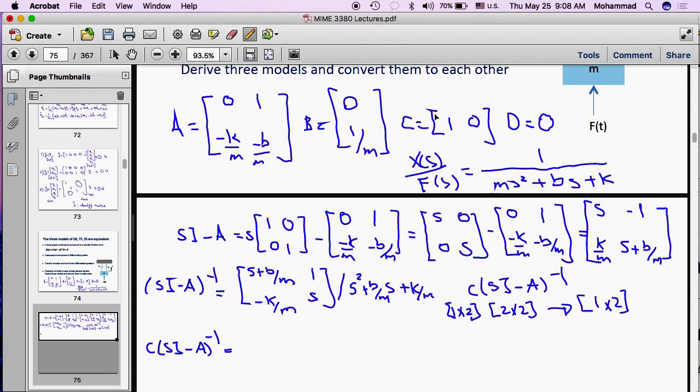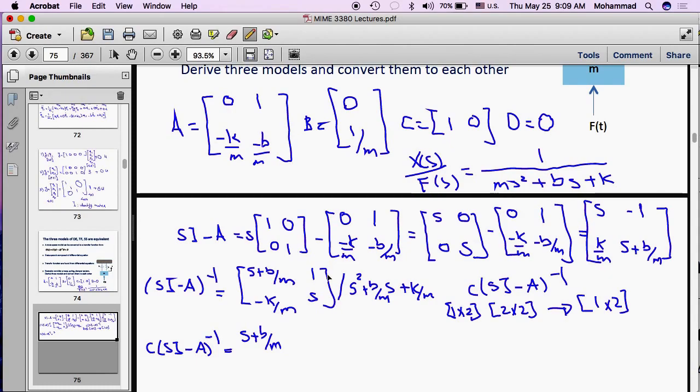So 1, 0, this row gets first of all multiplied by the first column of this. So 1 gets multiplied by what of the two elements of the first column? 1 gets multiplied by s plus b over m, and 0 gets multiplied by minus k over m. So minus k over m will not survive. What will survive is s plus b over m.